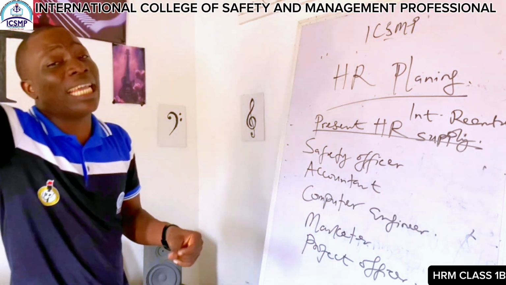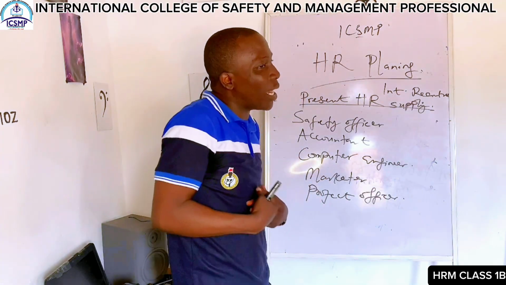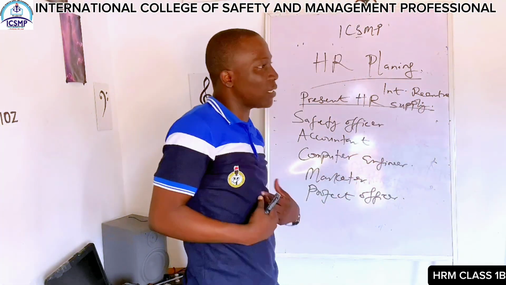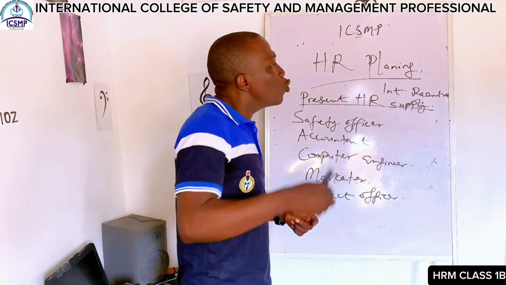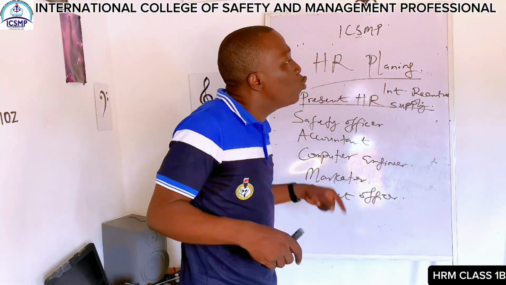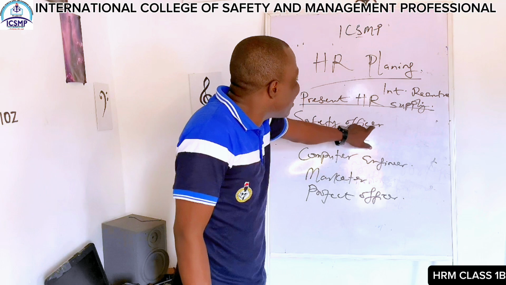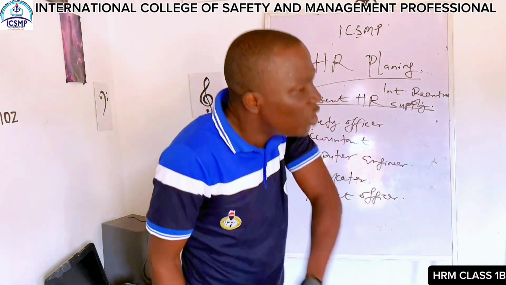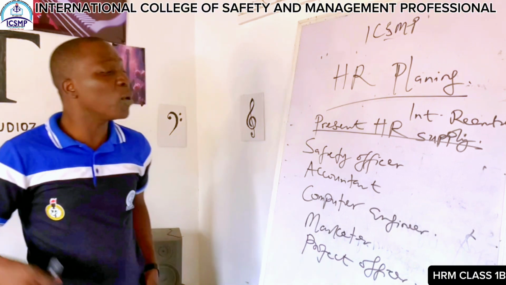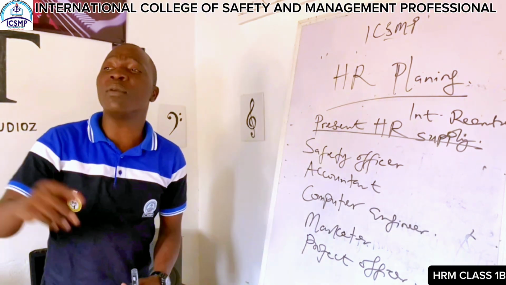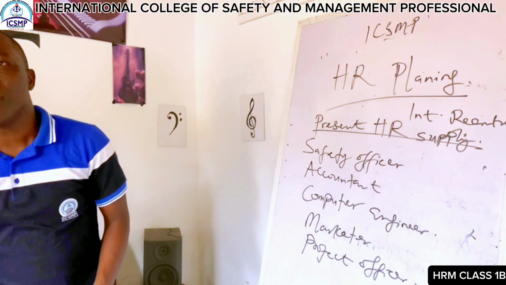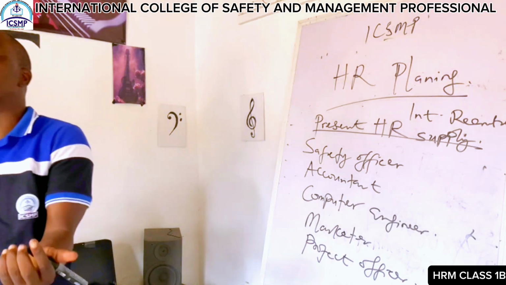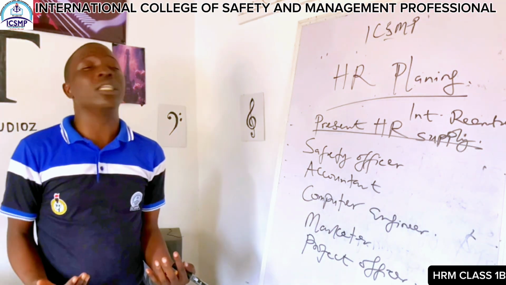Before you go outside to search for someone, for a fresh person, for a new person, you should be sure if you do not have that skill, that competency within the organization. The person may not be working in that department. The person may even be a marketer, maybe because that was the available position when he got into the organization.